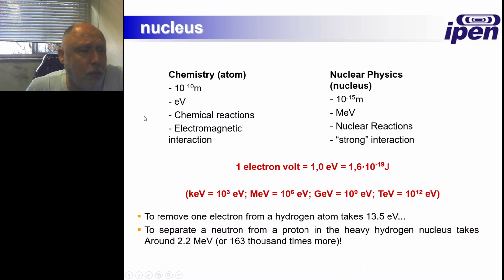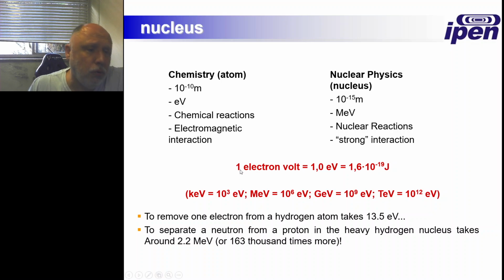In chemistry, everything is mediated by the electromagnetic interaction, so it's electrons interacting with electrons, essentially charge interacting with charge. In nuclear physics, we have the strong interaction, so it's particles interacting with other particles, regardless of the electromagnetic interaction. Not really regardless, but the nuclear interaction is much, much stronger.